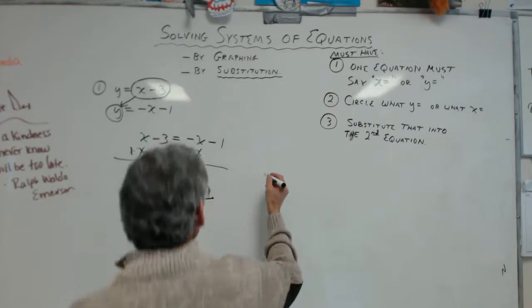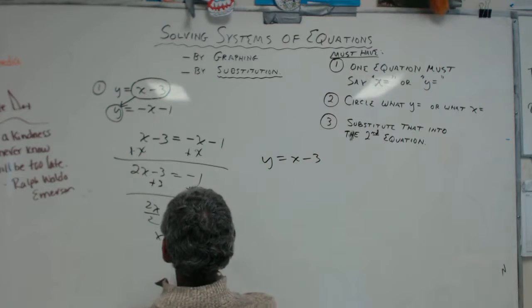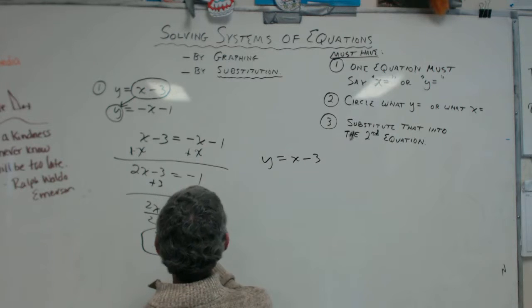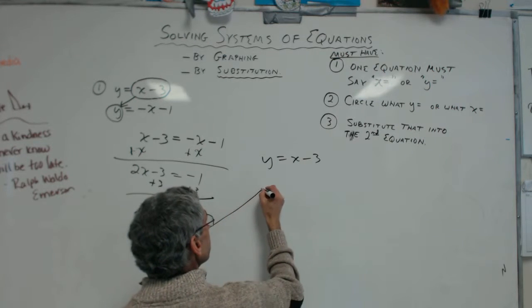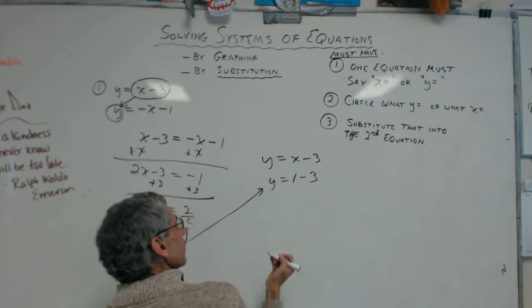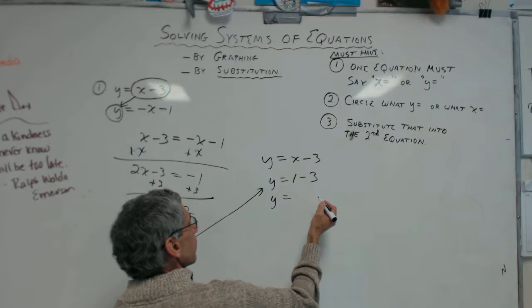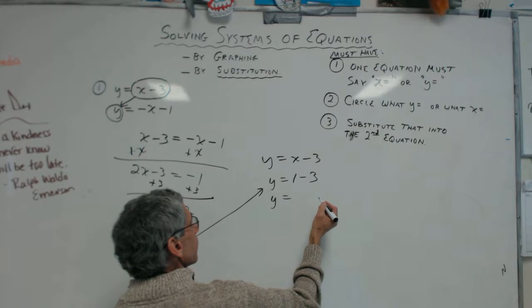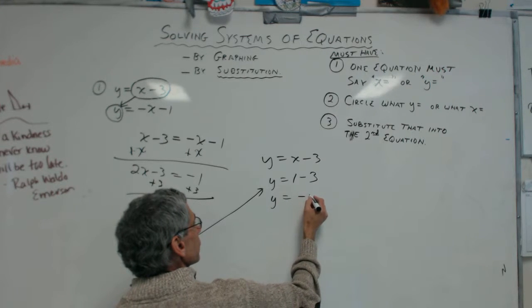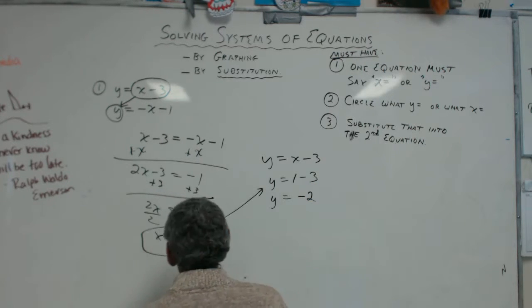So I'm going to substitute that in. I got y equals x minus 3. Since I know that x is equal to 1, I'm going to replace that x with 1. So y is equal to 1 minus 3. So y is equal to what? Negative 2. It's got to be negative because you're taking a bigger number away from a smaller number.